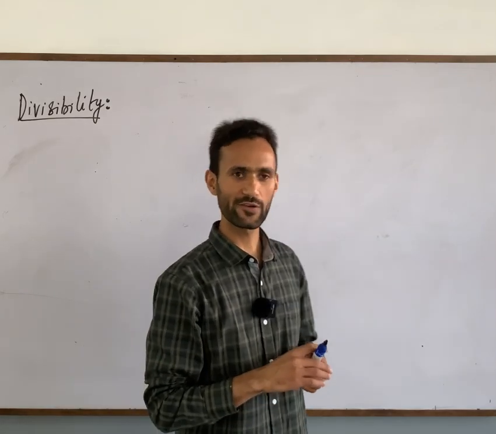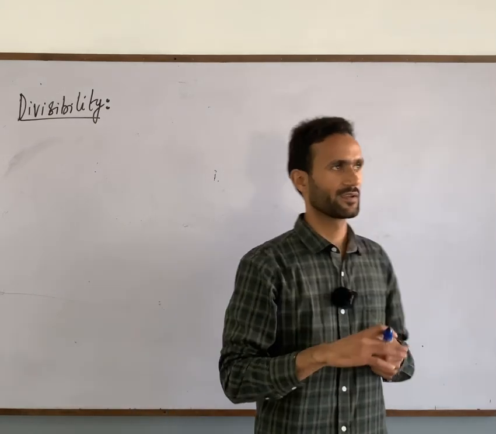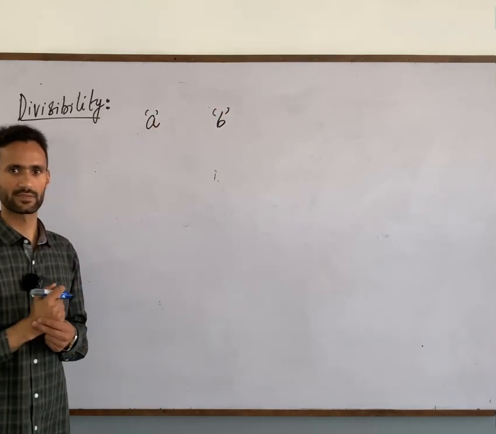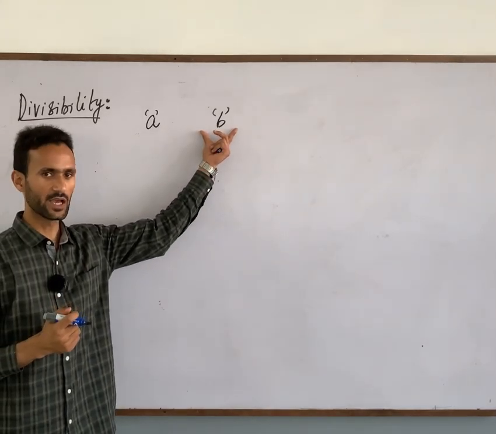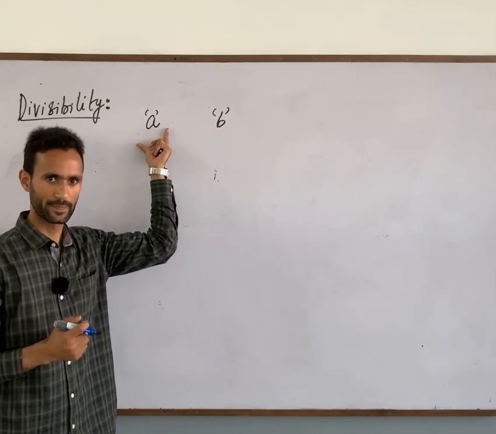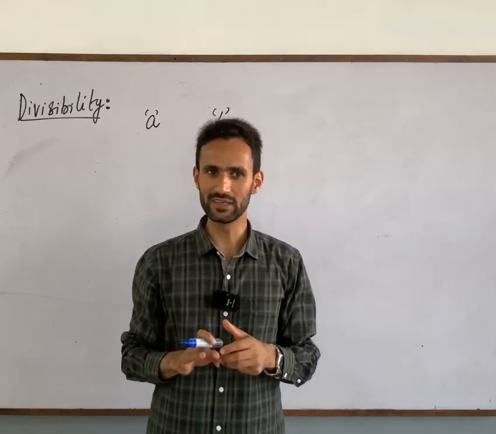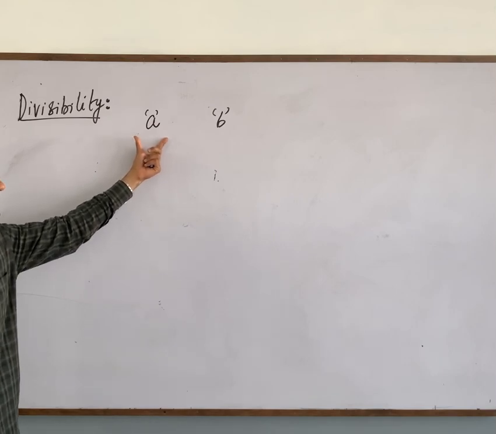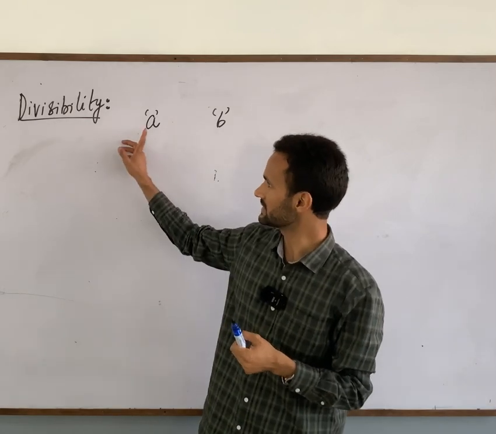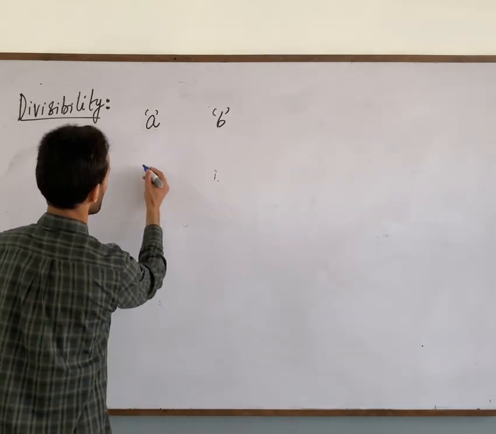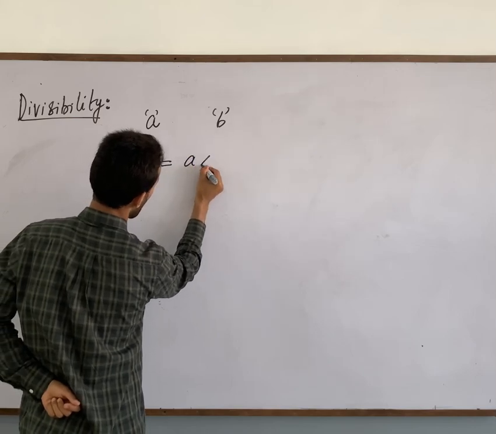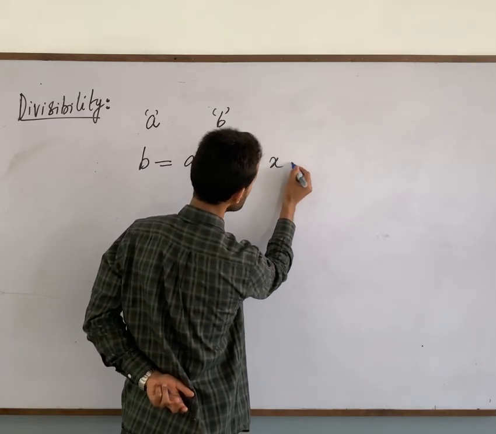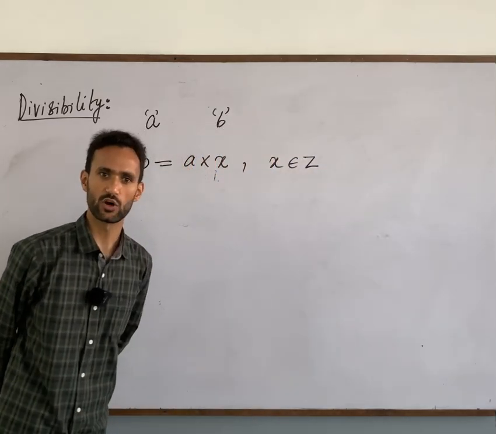First of all, we have to understand what we mean by the divisibility of two integers. Suppose we have two integers a and b. If I divide b by this integer a, then we can write b as a product of this divisor and some other integer. That is, b is said to be divisible by a if we can write b as a product of the divisor and some integer x, where x belongs to Z. That means x is also an integer.